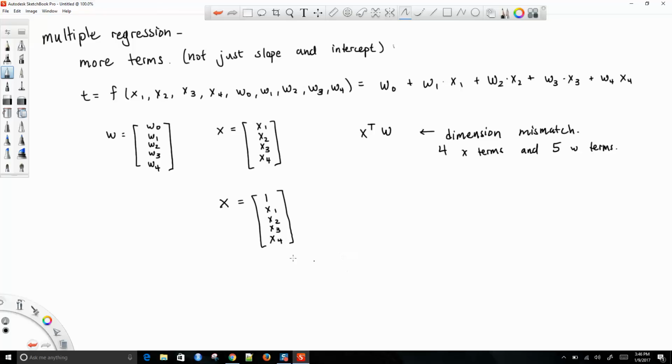Okay, and then now we can do X transpose, which will be 1, and then we can multiply it by W. So X transpose W would look like this.